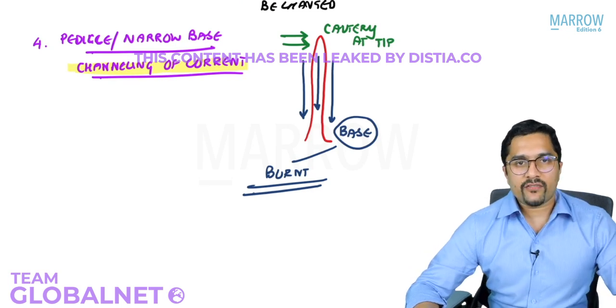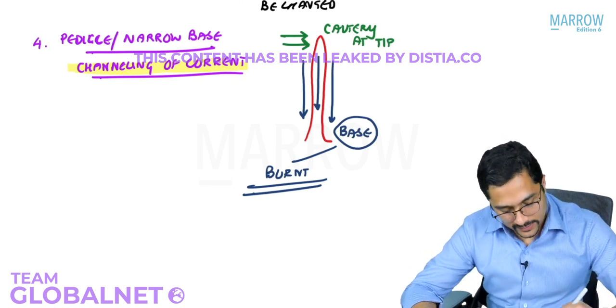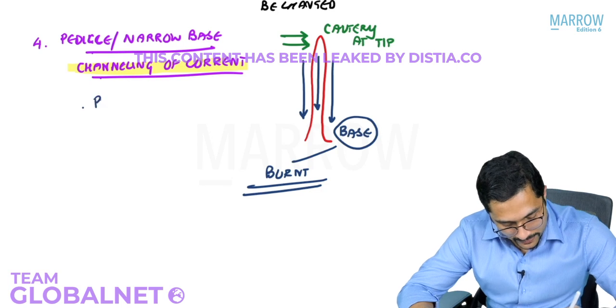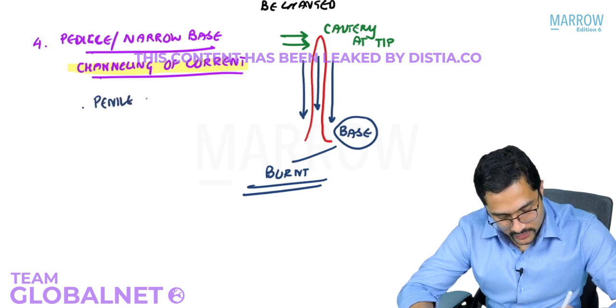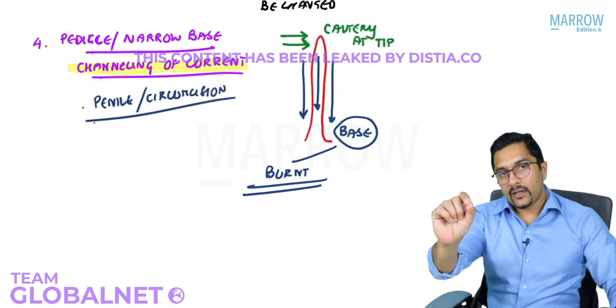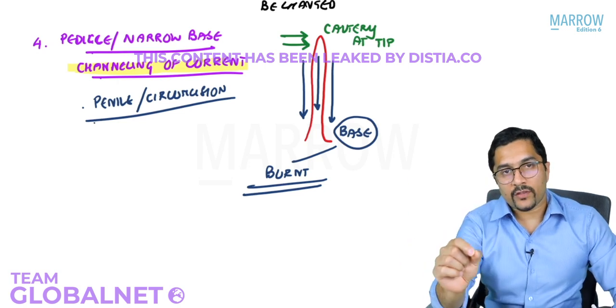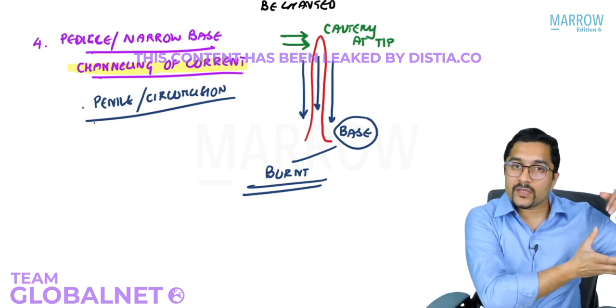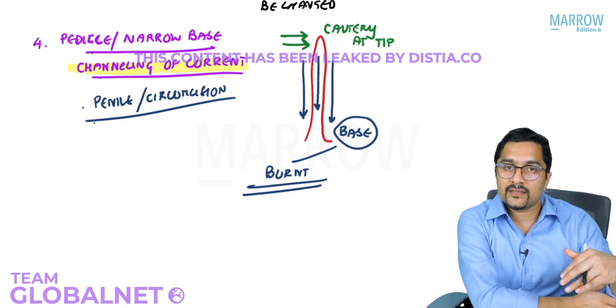So what is the significance here? The significance is, supposing penile surgery or circumcision is being carried out, and you apply cautery at the tip of the penis, it can also cause burns at the base of the penis, right?